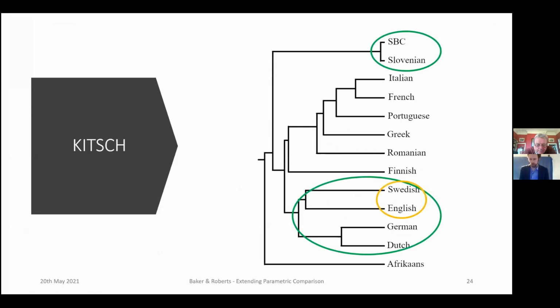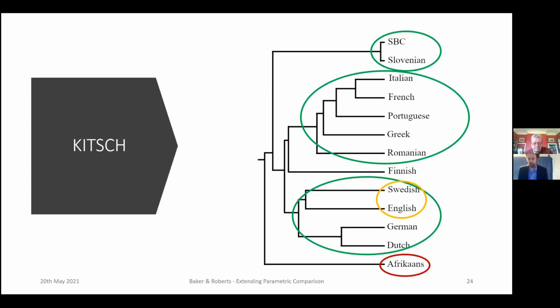Note that although obviously the traditional model would place English as a West Germanic language with German and Dutch, in fact here we see English coming out closest to Swedish. Afrikaans then is not only an outlier from Germanic, but is in fact an outlier from the whole of the rest of the sample. It doesn't group with any other language at all.